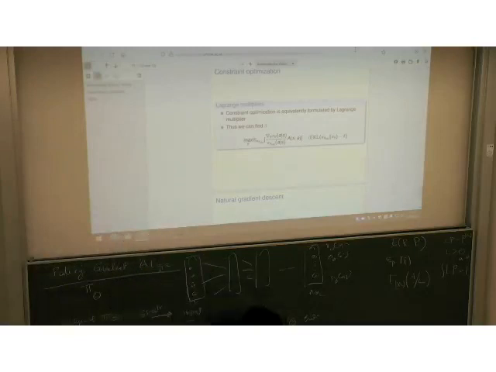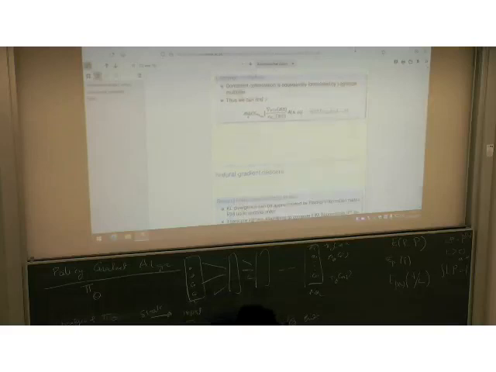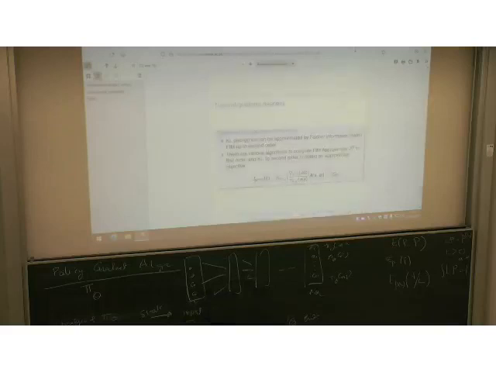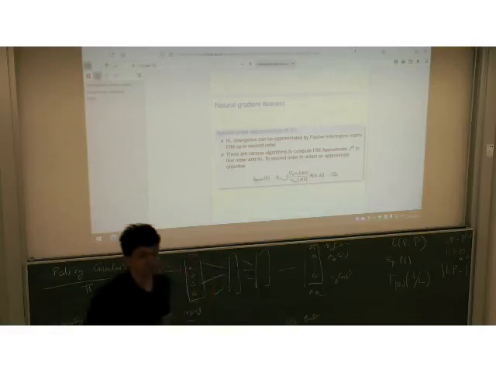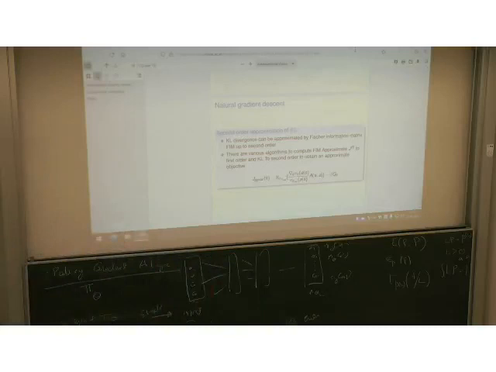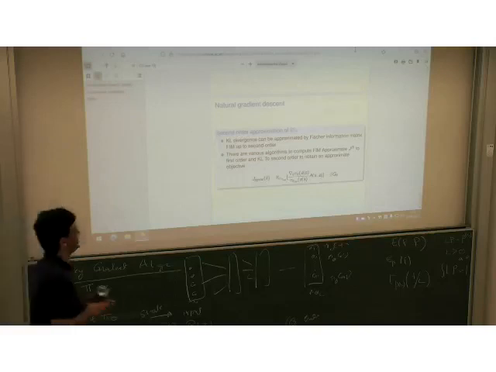But the thing is, it's still not an easy algorithm to converge. And what one can do is the following. Instead of the KL divergence term, you take the Taylor series expansion of the Kullback-Leibler divergence.